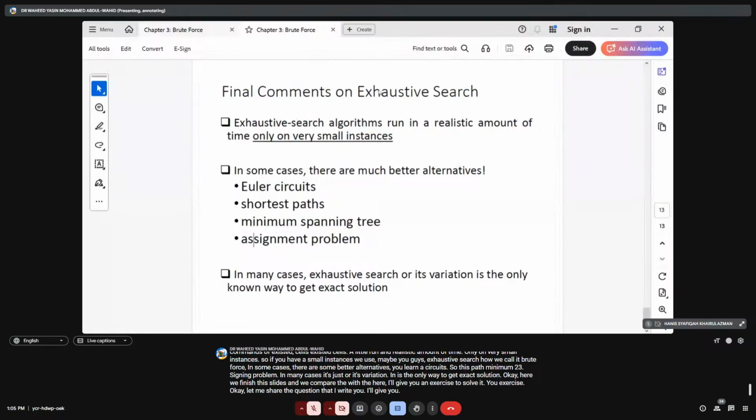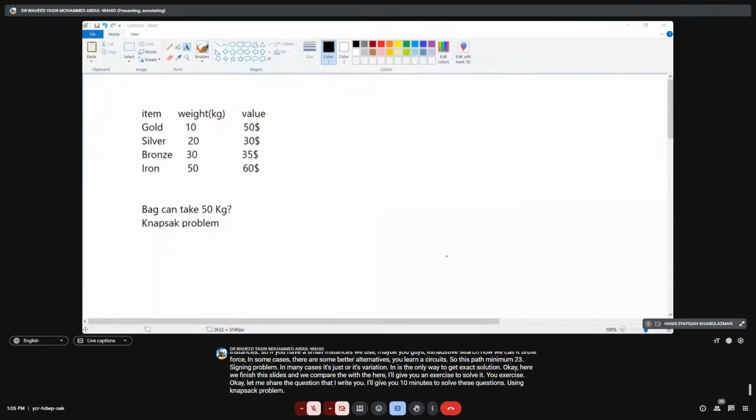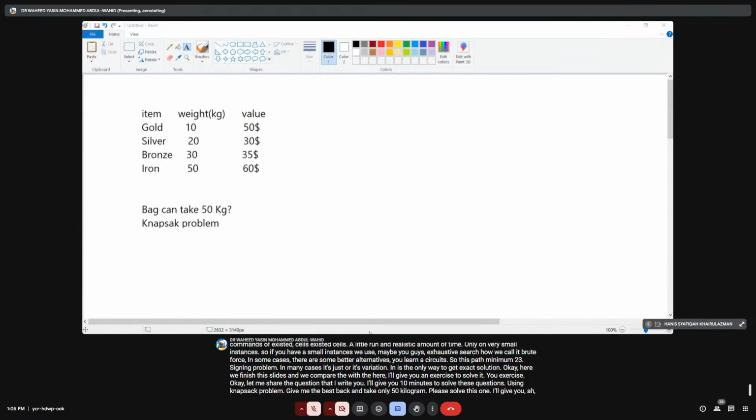I'll give you 10 minutes to solve this question using the knapsack problem. Find the best bag that can take only 50 kilograms. Please solve this one. I'll give you 10 minutes to solve it.